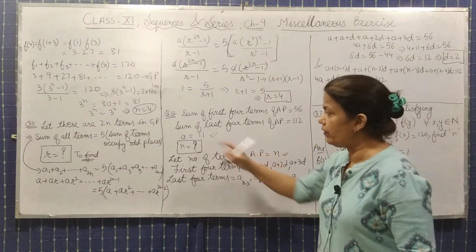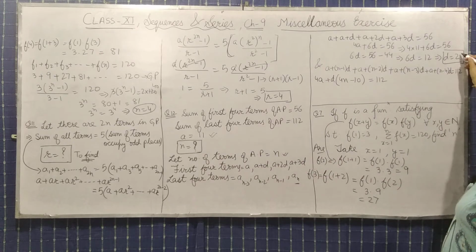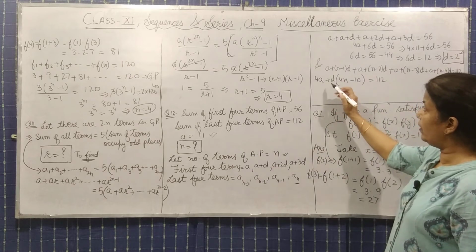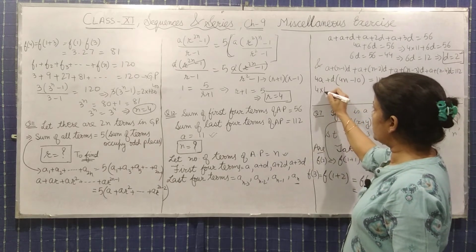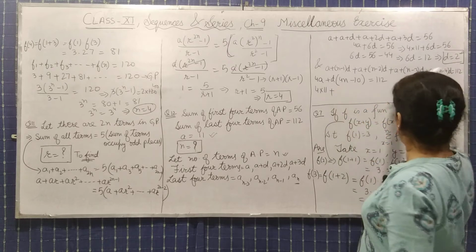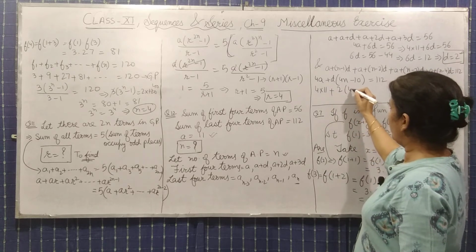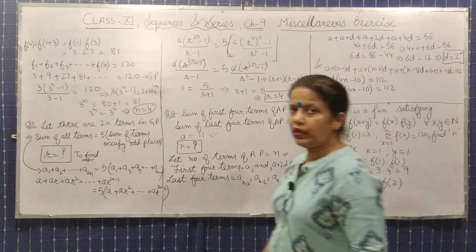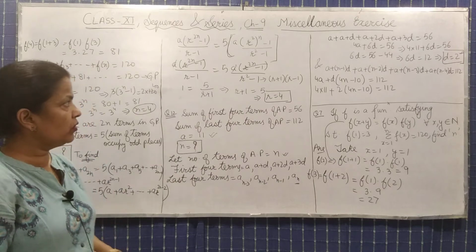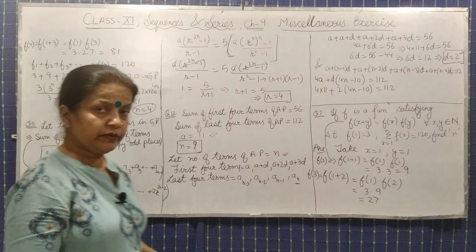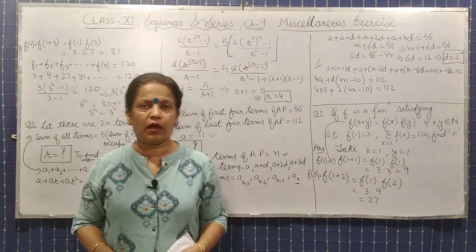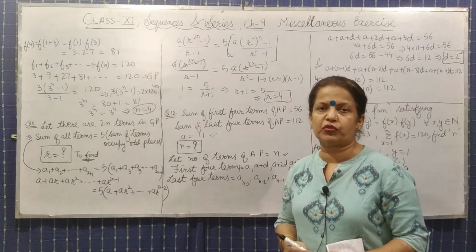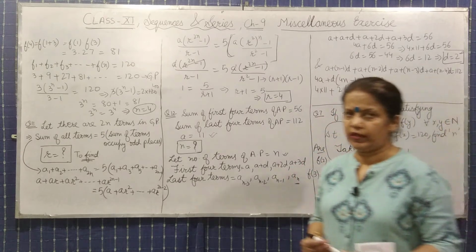You have to find out the value of n. D value is given as 2, A value is 11. Substitute over here. Instead of A, you will put its value 11, plus D value is given as 2, 4n minus 10 equals 112. अब इसको solve कीजिए and you will get the value of n. Is it clear? In next class, we will take the remaining important questions of miscellaneous.